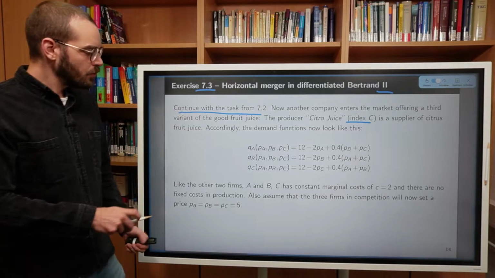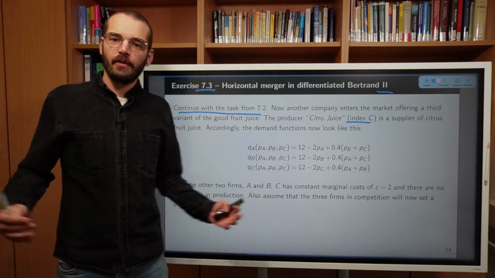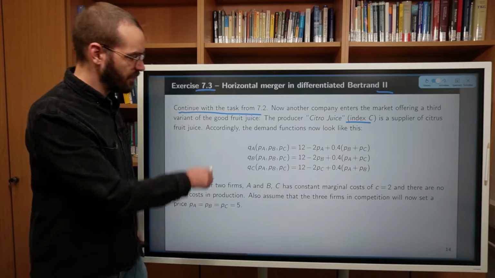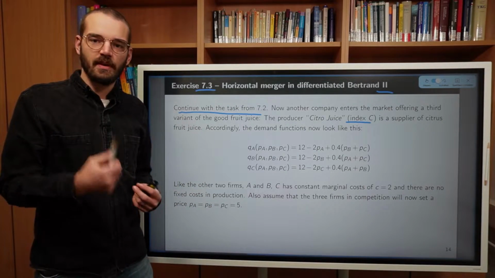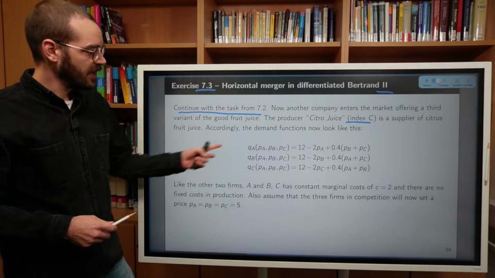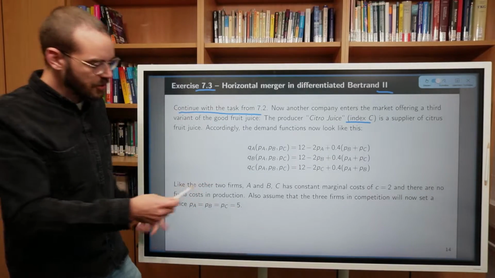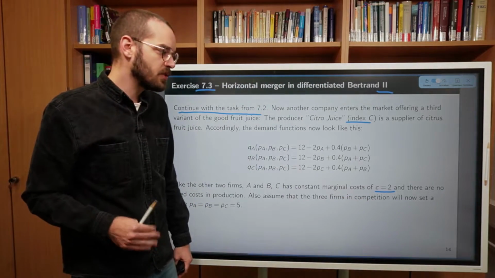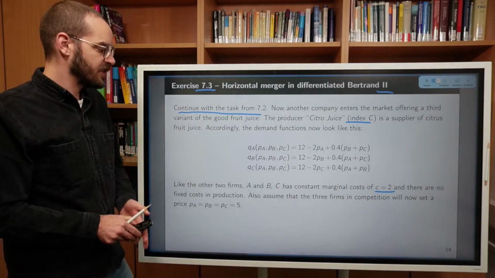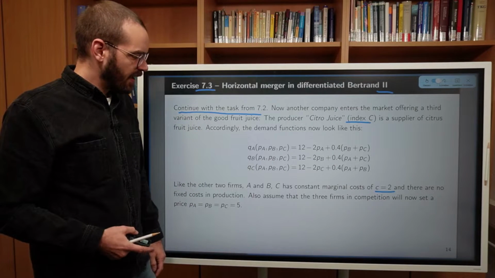Furthermore, we will continue to assume that all firms in the market are symmetric. Not only are all firms facing the same demand function, just with interchanged indices, as you can read here, but in addition, all firms have the same constant marginal costs of 2. There is no fixed cost in production.